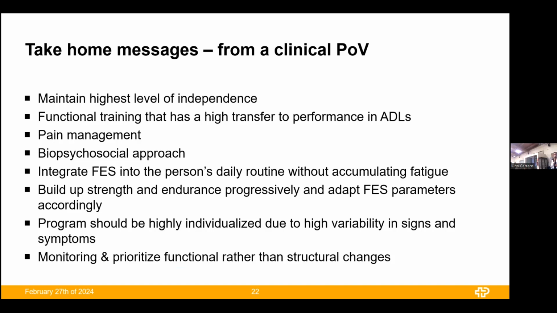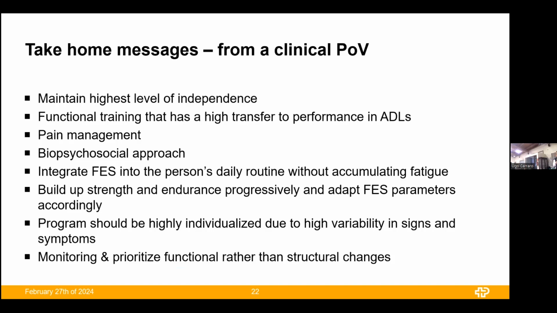We want to help with pain management. We want to have a biopsychosocial approach. So not only see what the muscle structure looks like, but what does the patient need in their daily life? What challenges are they facing? So also regarding the mobility, elderly home, for instance.